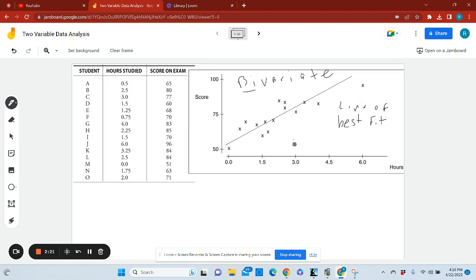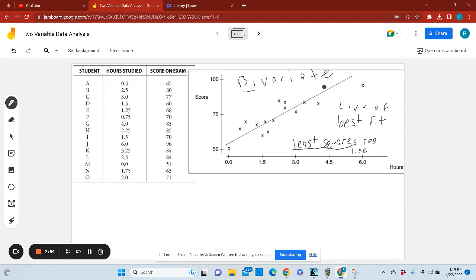Or you might see it called the least squares regression line, right? And the reason that they call it that is because we're not actually trying to minimize the absolute value of the distance between these data points and the line. We're trying to minimize the squared distance between these data points and the line. So that's why it's called the least squares regression line.